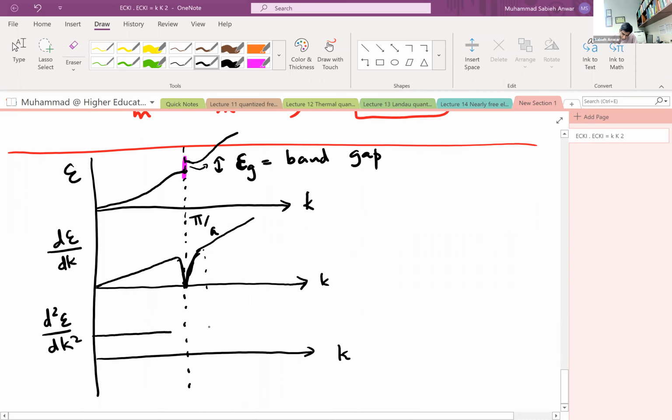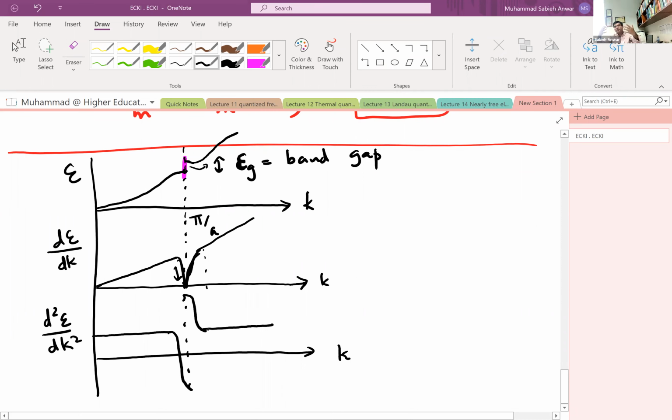Here the slope is again constant and it's positive. But what do we have in between? In this region, the slope is decreasing. From positive, it's going down, and it can even become negative. And there's a discontinuity here in the derivative of this dE by dk curve. This is what it looks like if you were to take the derivative again.